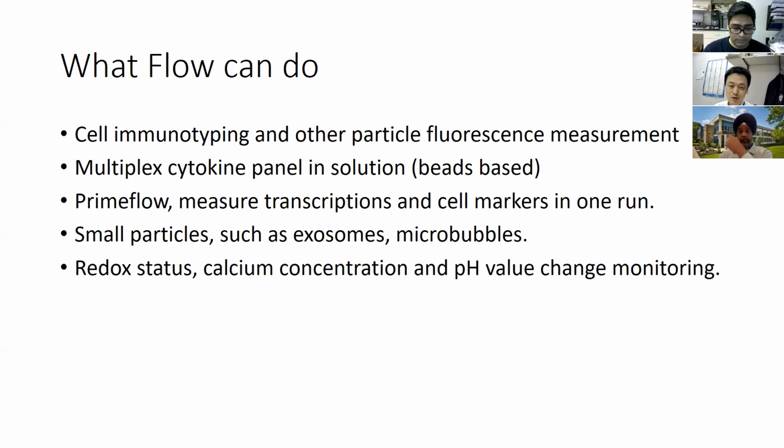We can also measure mRNA and cell markers at the same time using a method called PrimeFlow. We can also measure small particles such as exosomes and microbubbles with flow. Flow can also measure redox status, calcium concentration, or pH changes inside cells. So everything you can convert to either light scatter or a fluorescent probe, we can use by flow.